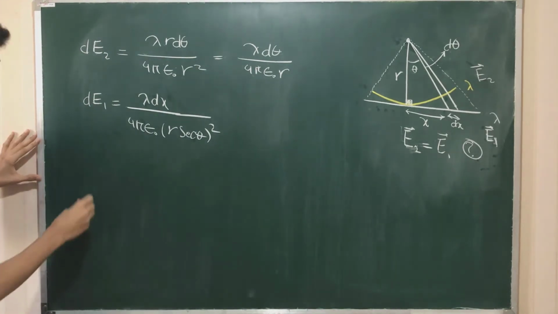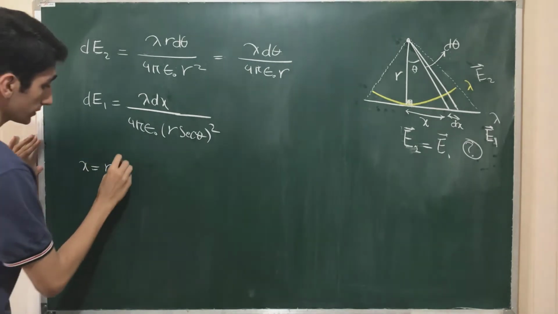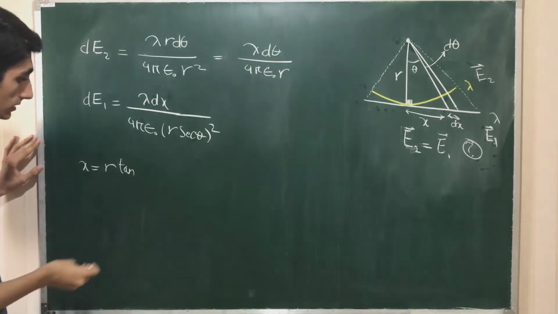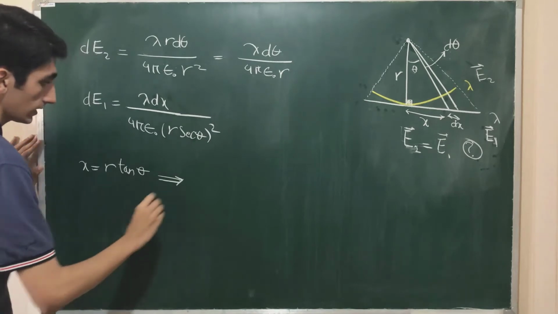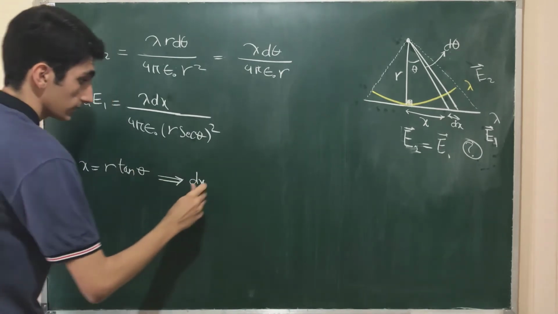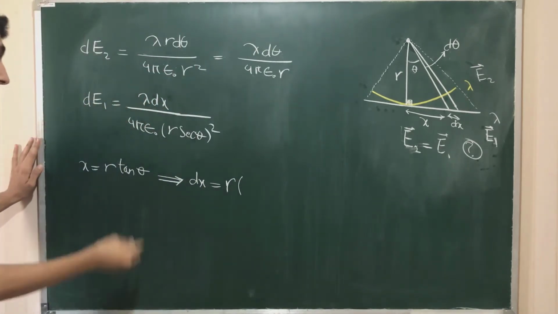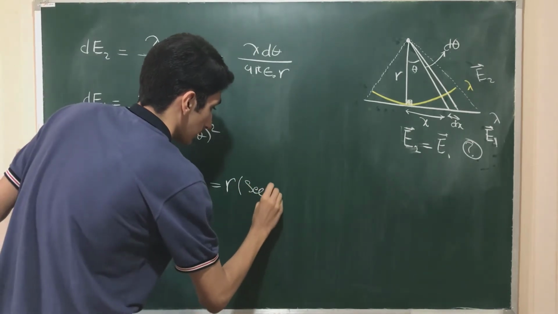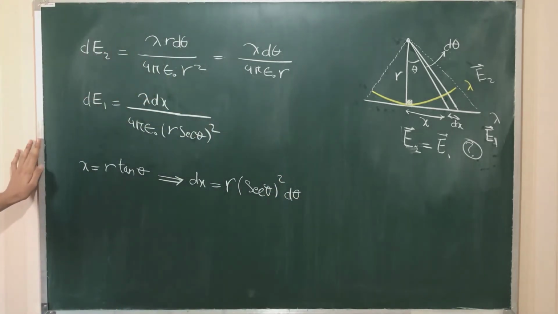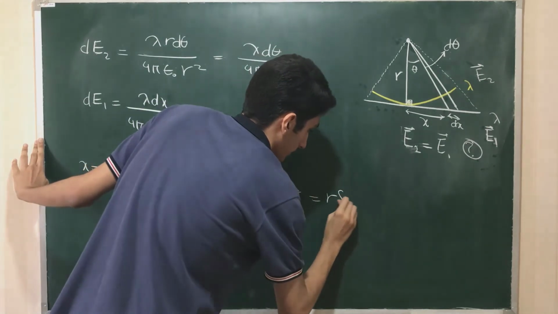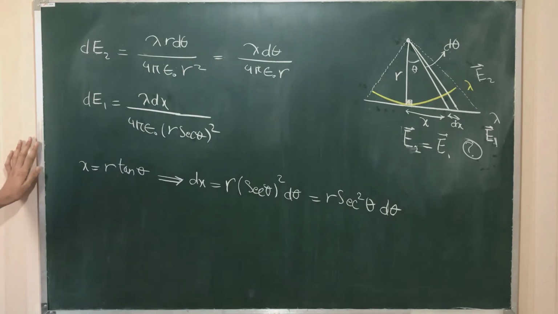And there's another thing. We know that x is equal to r times tangent of theta. So dx is equal to r times the derivative of tangent of theta, which is secant of theta squared times d theta, so r secant squared theta d theta.